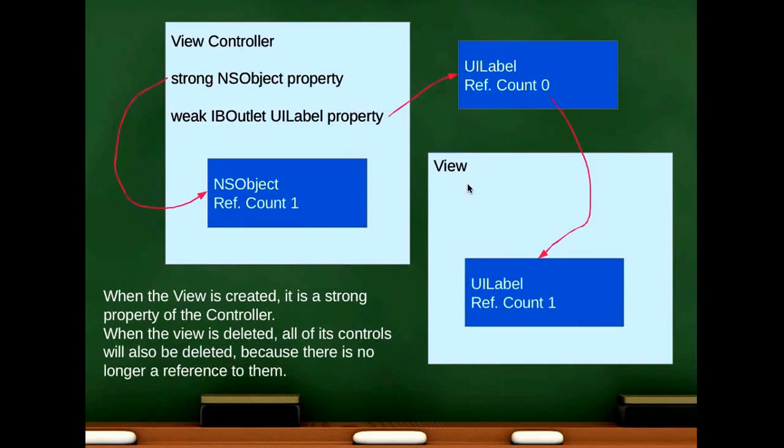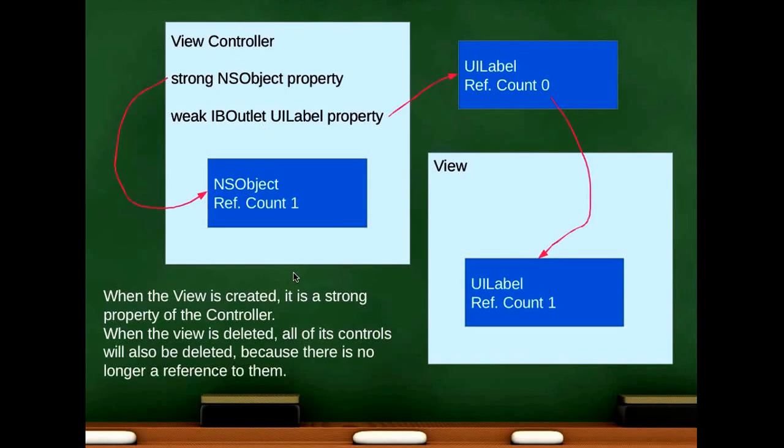As soon as the view takes ownership, it has a reference to this object, and therefore that object now has a reference count of 1. And this is exactly what we want. So this weak IBOutlet is how we need to declare our outlet properties that will be on views as subviews of the main view in our view controller.